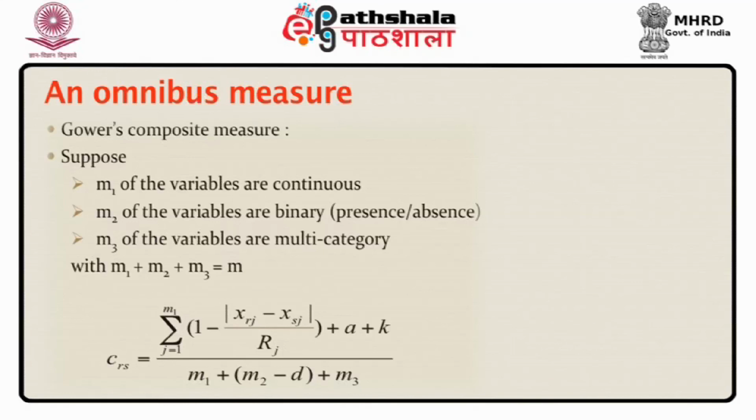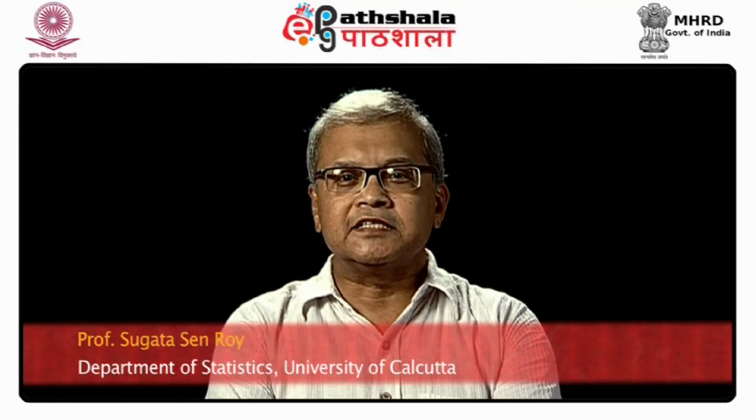And finally we have k, which is the number of similarities in the multi-category variables, and for this we also have a component in the denominator which is m3. So it's k by m3, which was the multi-category measure, and that has been integrated into this formula to give us an omnibus measure.